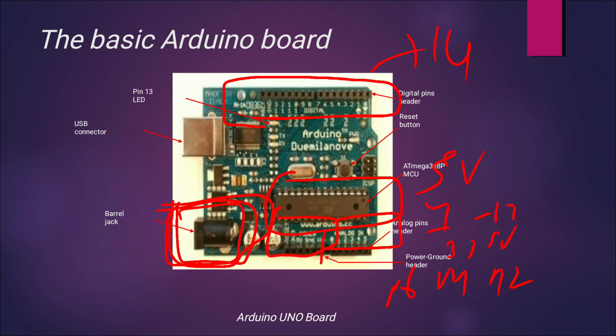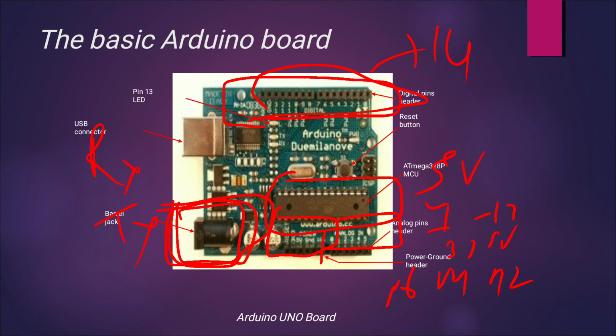Digital input. It consists of 14 digital input output pins, each of which provide or take up 40 milliampere current. Some of them have special functions like pin number 0 and 1, which act as RX and TX, receiver and transmitter respectively, for serial communication.